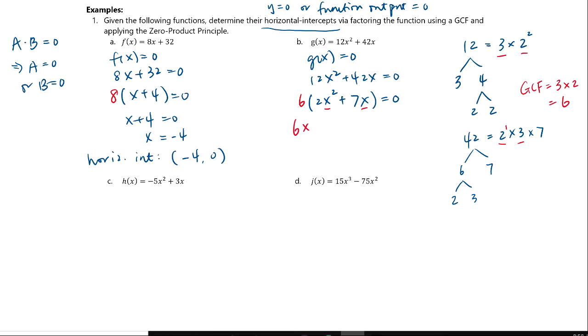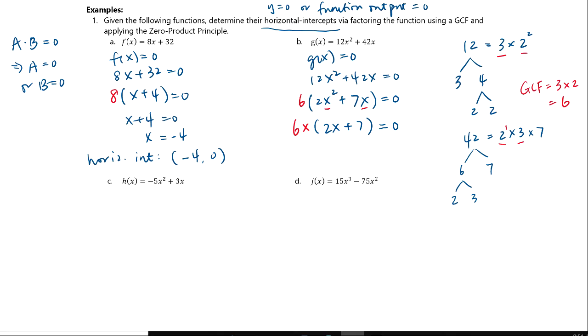So we'd have 6x times 2x now left, because I took out one of the x from the x squared, and then I'm left with another one. And then for 7x, if I take out another x, I'm just left with 7 over here. And therefore we say really altogether 6x is the greatest common factor from the original expression.